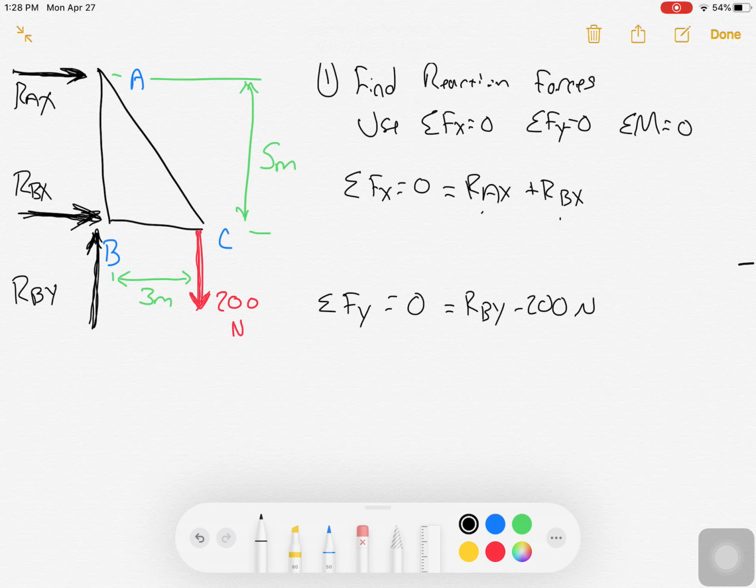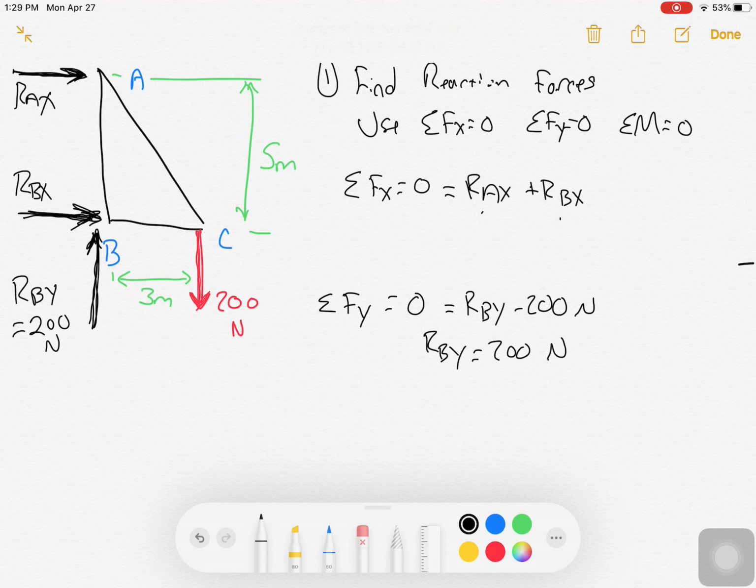Those are our only forces in the Y direction, and if you look at the equation here, 0 equals RBY minus 200 newtons, you see we only have one unknown, and if we solve this, we'll find that RBY is 200 newtons. So I'll go ahead and write that on here.